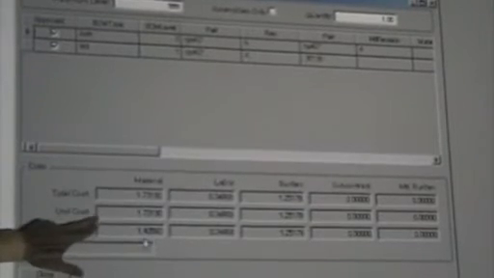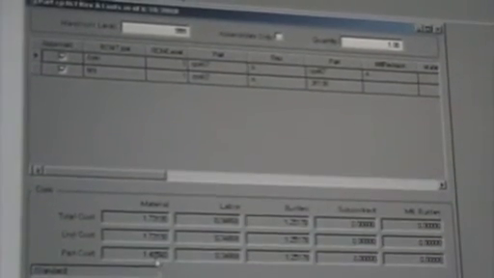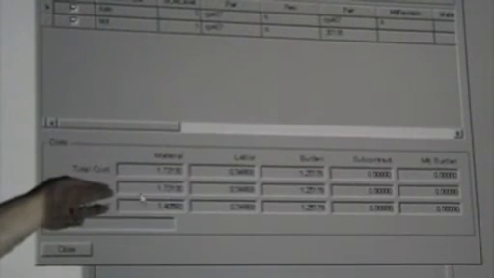So we've changed the material, but we haven't done a roll-up. And that sticks out like a sore thumb when you look at it like this. So this would be your base, and this is the current. And this is what your costing is going to run against per job right now. So that's the difference in these three lines.